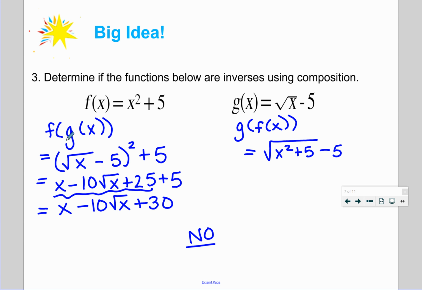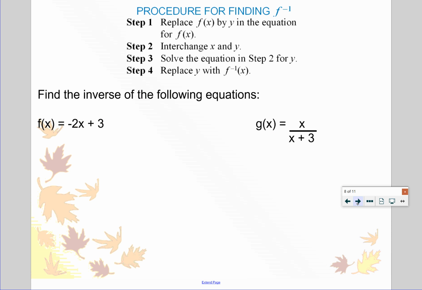The last thing we're going to do in this lesson, and this part might look familiar if you've done inverses before, is finding the equation of an inverse. These are the 4 steps we're going to use. I wrote them down at the top. We're going to start by replacing our function notation with just a y. Then we're going to switch our x's and y's, which is the actual step of getting an inverse, replacing the variable with one another.